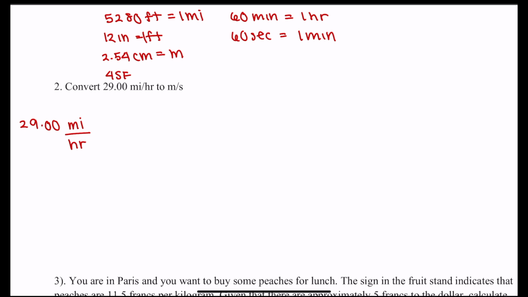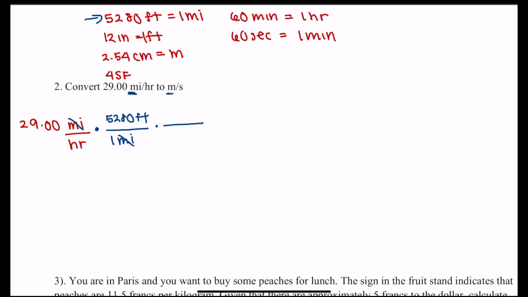So first thing I'm going to do is I'm going to try converting miles to meters. So I'm going to put meters on the bottom here. The first thing here I know is that there's 5280 feet in 1 mile. Cancels out. And I'm going to times it by feet.